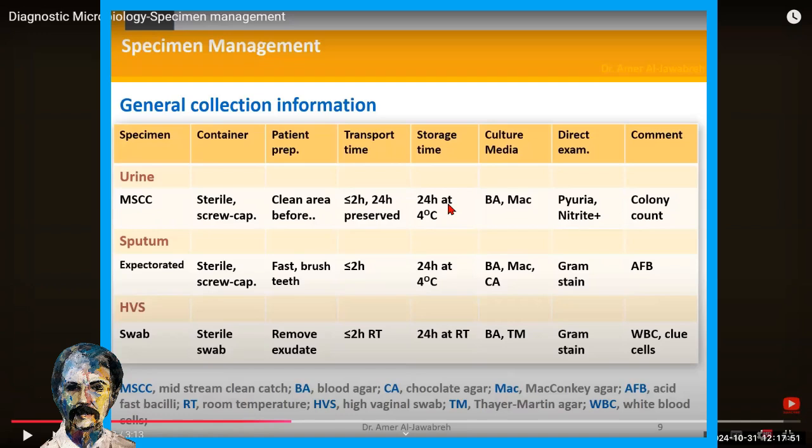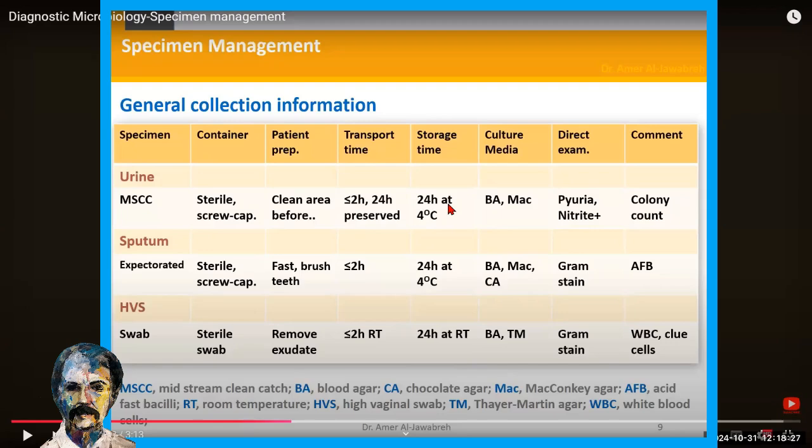If white blood cells are very high and epithelial cells very low, then this is accepted. But if it's the other way around, white blood cells very low and squamous epithelial cells, SEC, very high, then I have to reject the sample and repeat it, because it's not coming from real sputum.